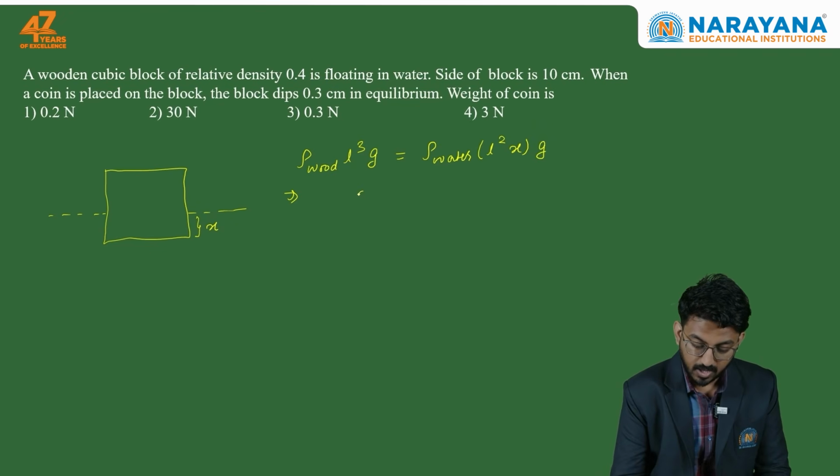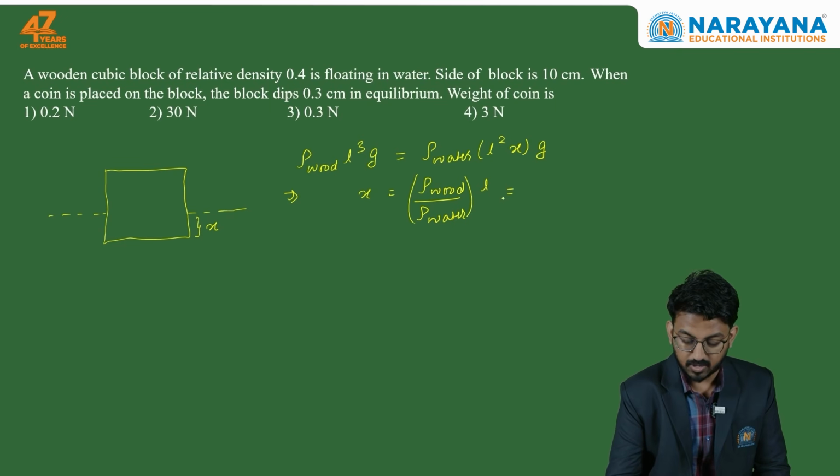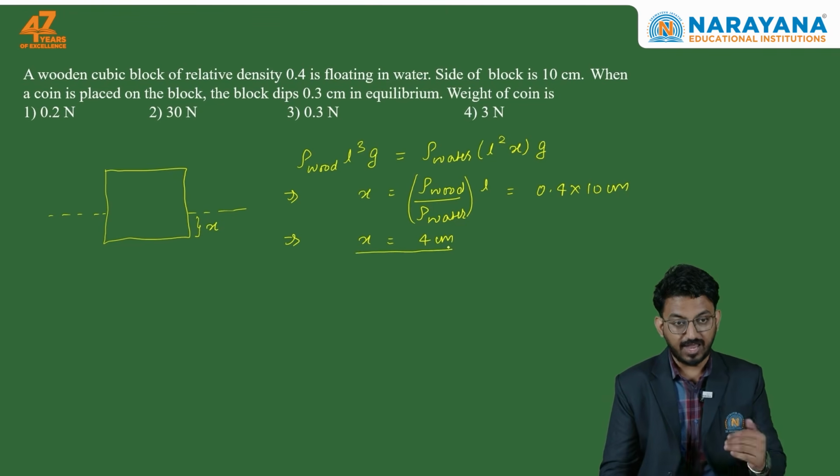From here you can see x comes out to be rho wood divided by rho water, L here, giving us, now this is the relative density, which is going to be 0.4, L is 10 centimeter here, giving us x as 4 centimeter.